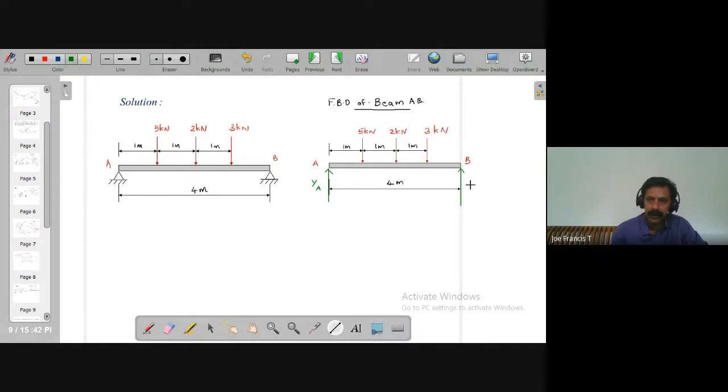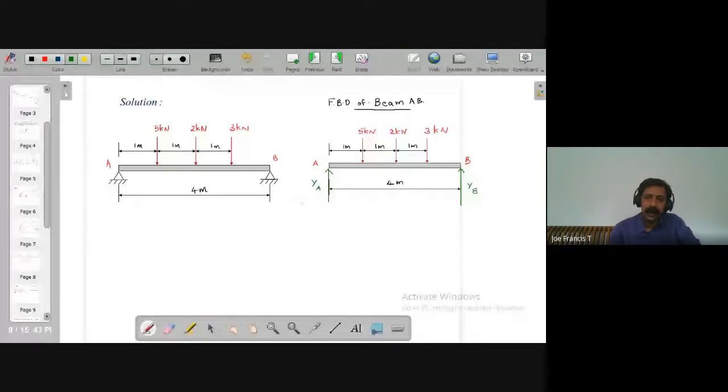So it is reaction at B. I'll put it as say YB. So this is called the free body diagram of beam AB.